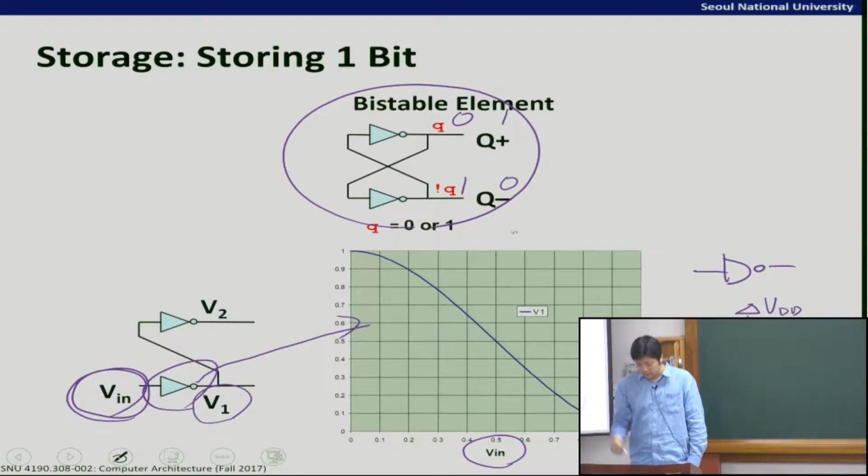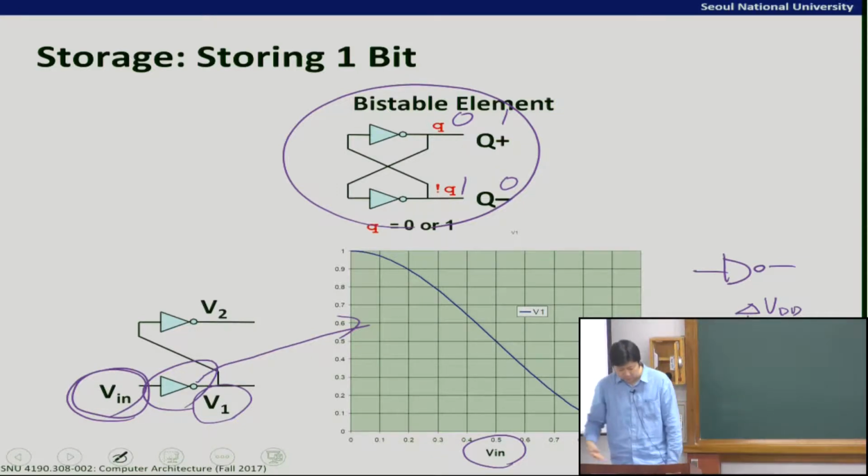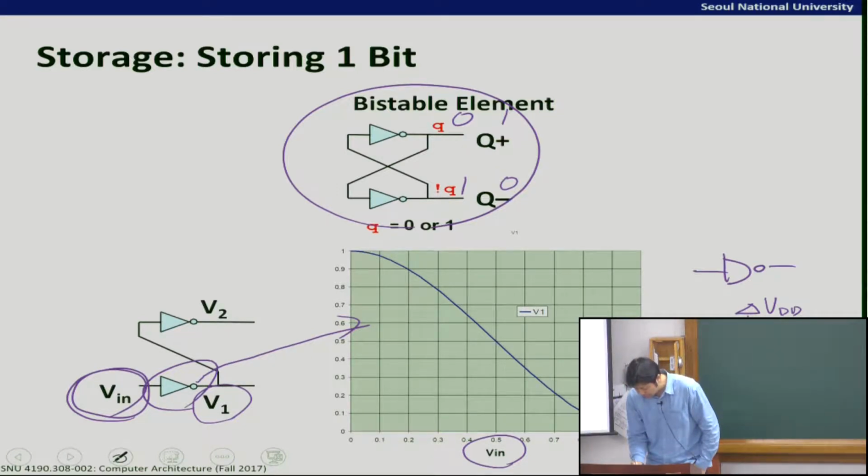Because as you increase the voltage level, this switch, the NMOS transistor, will be more and more on, and the resistance will become smaller and smaller. Eventually, as Vin fully goes up to a value of 1, the output will go down to 0, right?